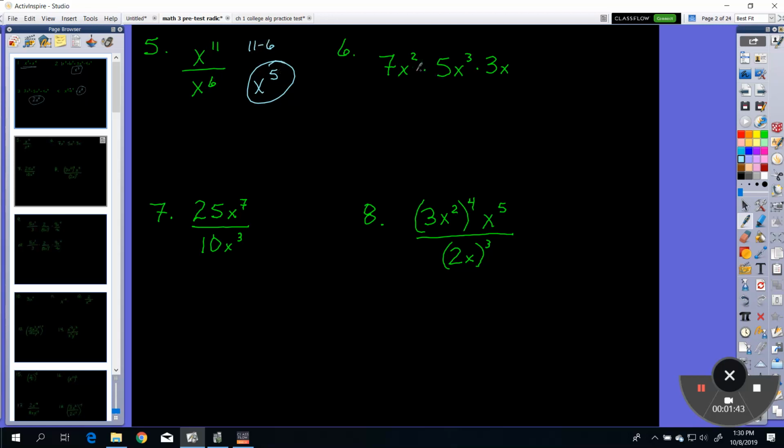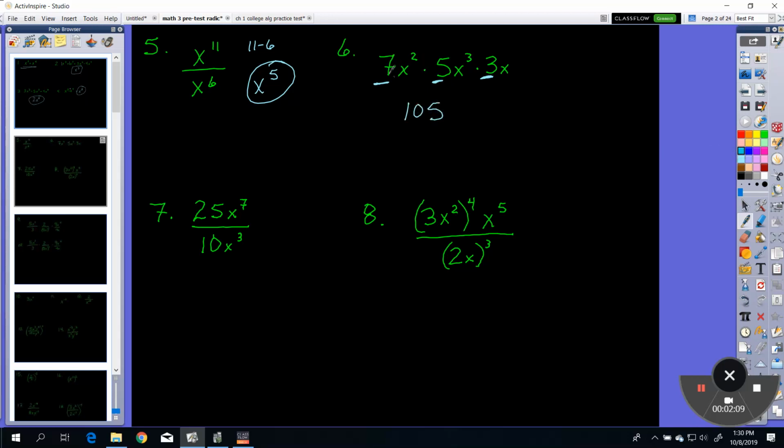So on this one we're multiplying, but we have numbers mixed in here. We have a coefficient and a variable. So we're going to multiply these numbers together. So we're going to go 7 times 5 times 3. So 7 times 5 is 35, times 3 is 105. So that takes care of the numeric value in front.